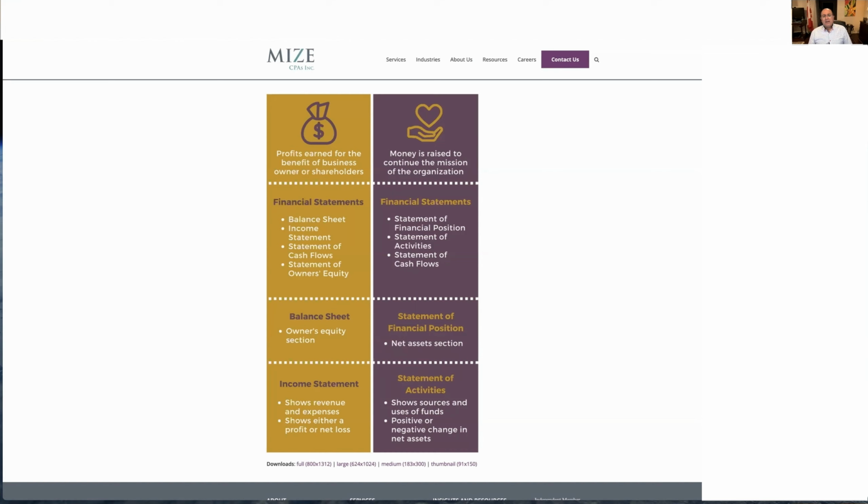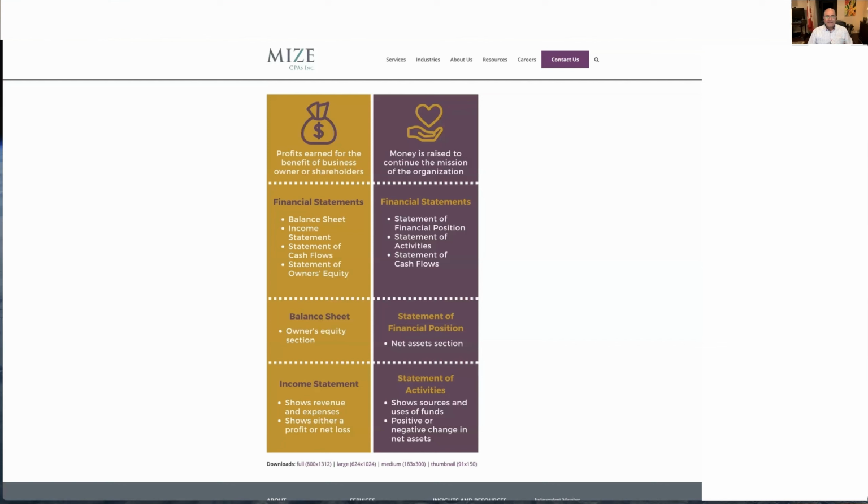You can find them. We have a statement of activities as well, and the statement of cash flow. So this is very similar, not identical. Both companies make profit, but one cannot keep it, one can keep it. And both, of course, have some incentives for taxation.